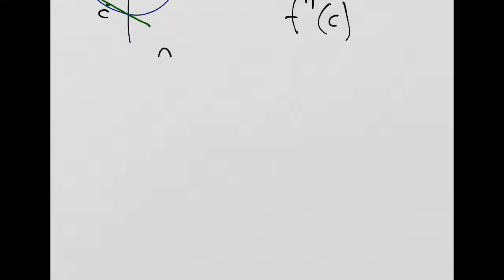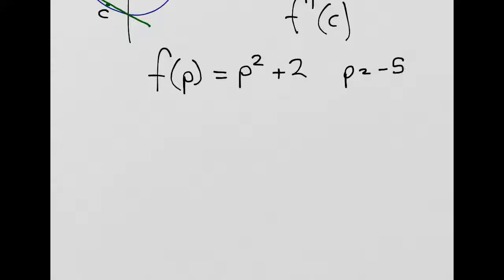So let's look at the function f of p equals p squared plus 2. And we want to find the average rate of change between when p equals minus 5 and p equals 2. So first we'll evaluate when p equals minus 5.